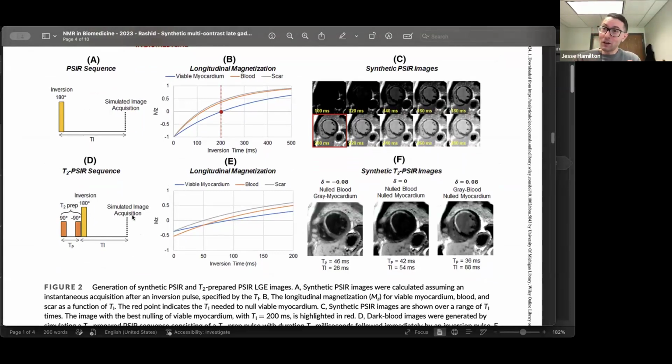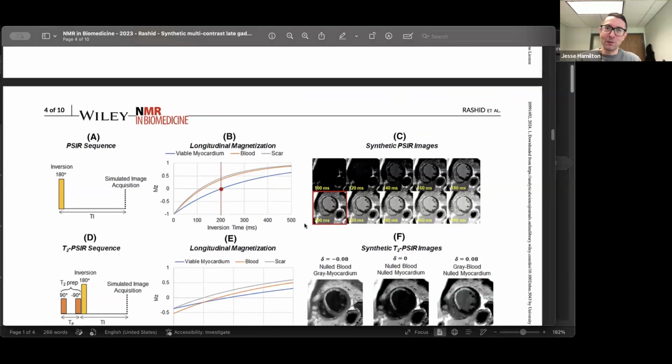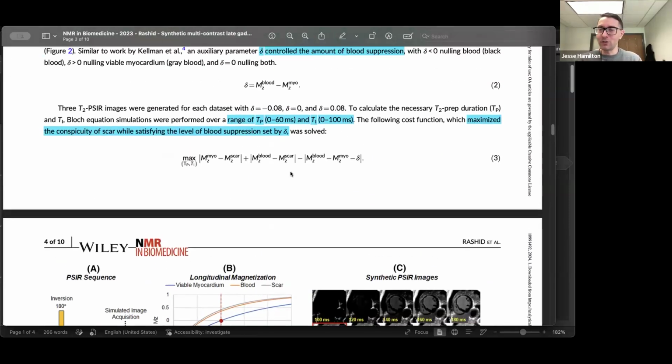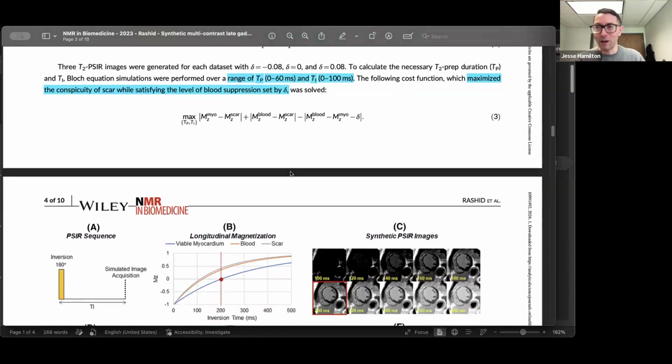For these images, we have two parameters that we can adjust: the inversion time and the T2 prep time. The paper describes how we do this, but basically the user sets a value for delta, and then we use this equation to maximize the contrast between blood, scar, and viable myocardium that's also consistent with the delta value.